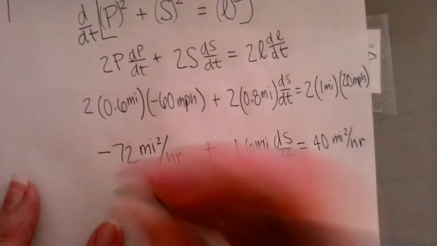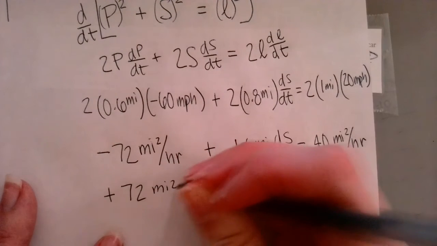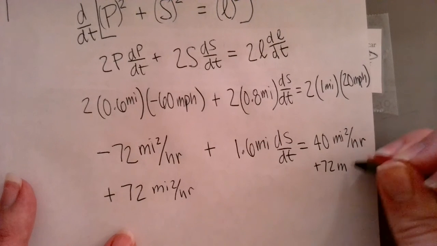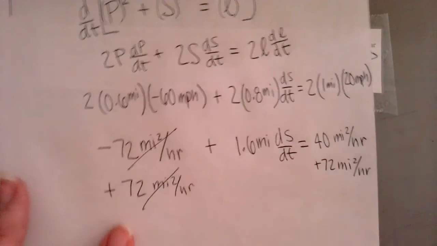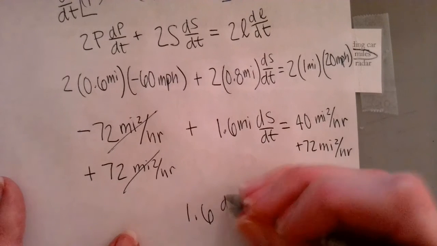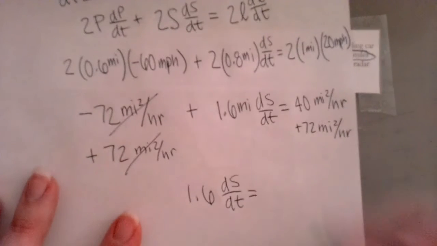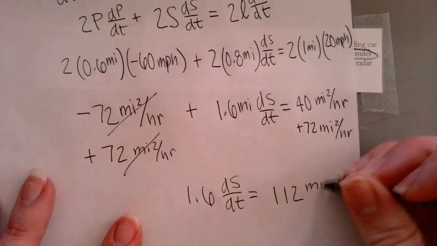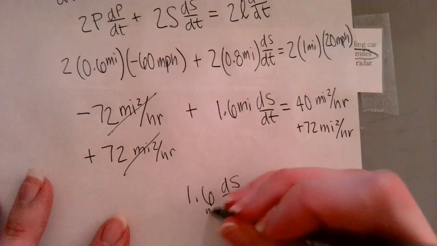Combining like terms, we will add 72 miles squared per hour to both sides. We will be left with 1.6 ds dt, which is again what we are solving for. We do not want to lose that. ds dt is 112 miles squared per hour. This is 1.6 miles.